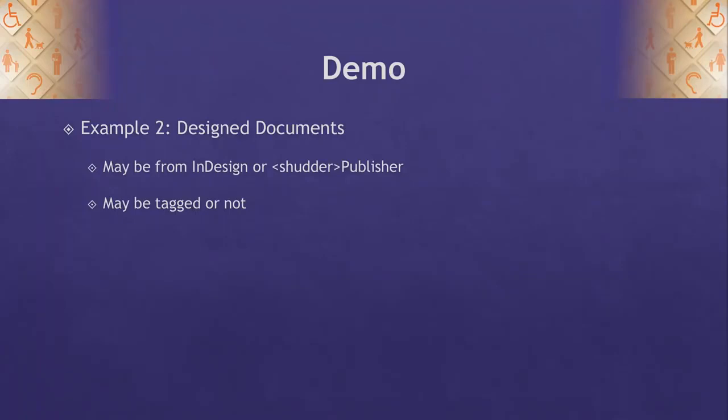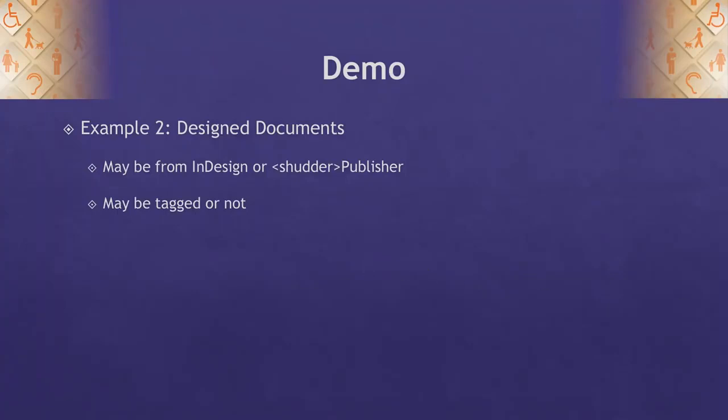Sometimes I have to actually look for things to fix just so I feel like I'm still necessary. But it's also taken 8 years for us to get here. So it is possible, if you have people in your organization using InDesign or Publisher or Quark or any other design tool, to make accessible documents.